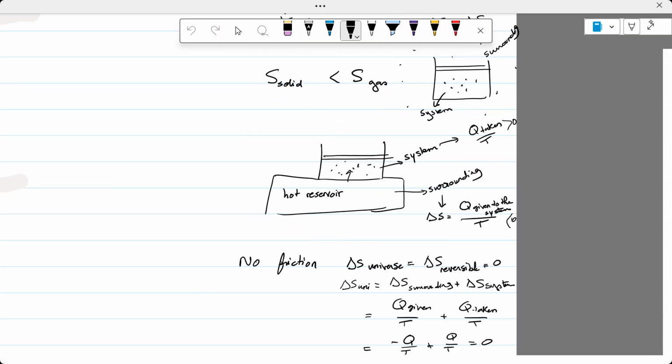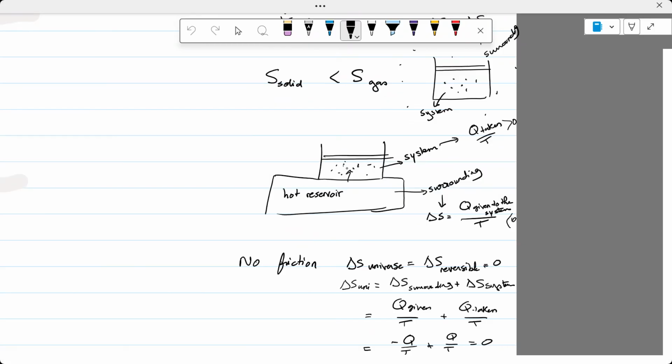Professor, the reservoir is the same as the surrounding? The reservoir is part of the surrounding. Look, as we said at the beginning of the chapter, when we study thermodynamic processes, I have to identify my system. It is the substance that is undergoing a process. What is undergoing a process here?